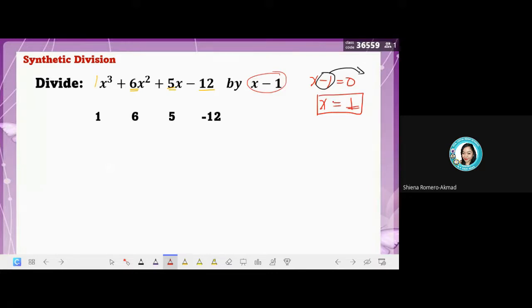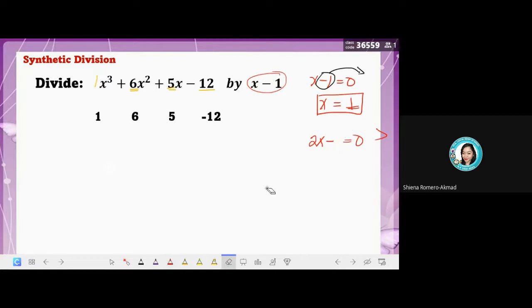Kaya lang, bakit ko ito pinapakita? Kasi there are times na yung variable x may kasamang numerical coefficient. Let's say, 2x minus 1 yung divisor mo. So, ang divisor mo ay 2x minus 1. Ano mangyayari? Kung nag-synthetic division ka, para makuha mo yung variable x, kailangan mo i-transpose si negative 1.